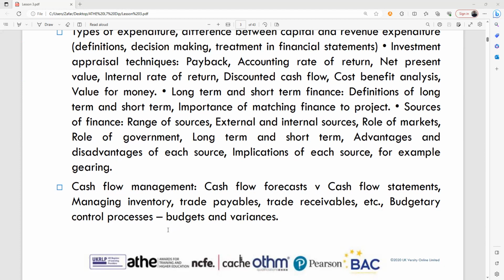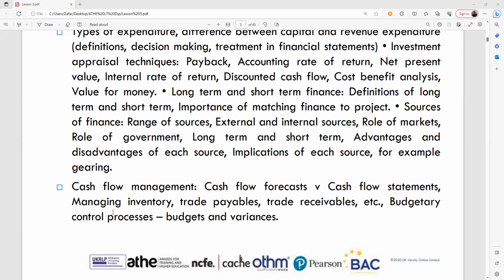Then we'll be looking at long-term and short-term finance, the definitions of each, how you can acquire these finances, and the benefits and disadvantages of external and internal sources of finance.